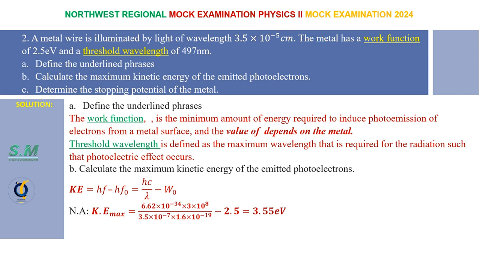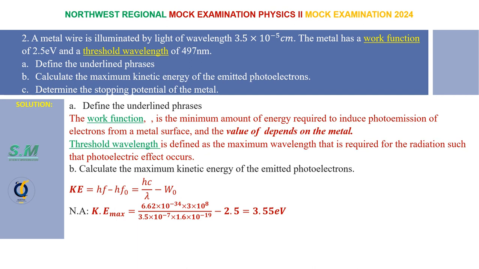And then since my work function was given in electron volts, that is, the work function was 2.5 electron volts, I just had to convert this particular answer into electron volts, and that is done by dividing the answer by 1.6 times 10 to the negative 19 joules.